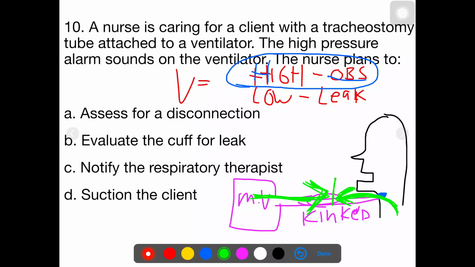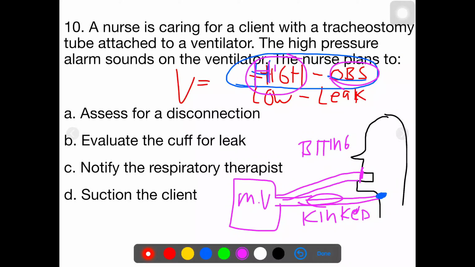That can be an obstruction also. Or let's assume the ventilator tube is connected at the patient's mouth. If the patient is biting on the tube, that is also considered an obstruction. So the high alarm sound of the ventilator will be triggered. There, that finishes the high alarm sound.